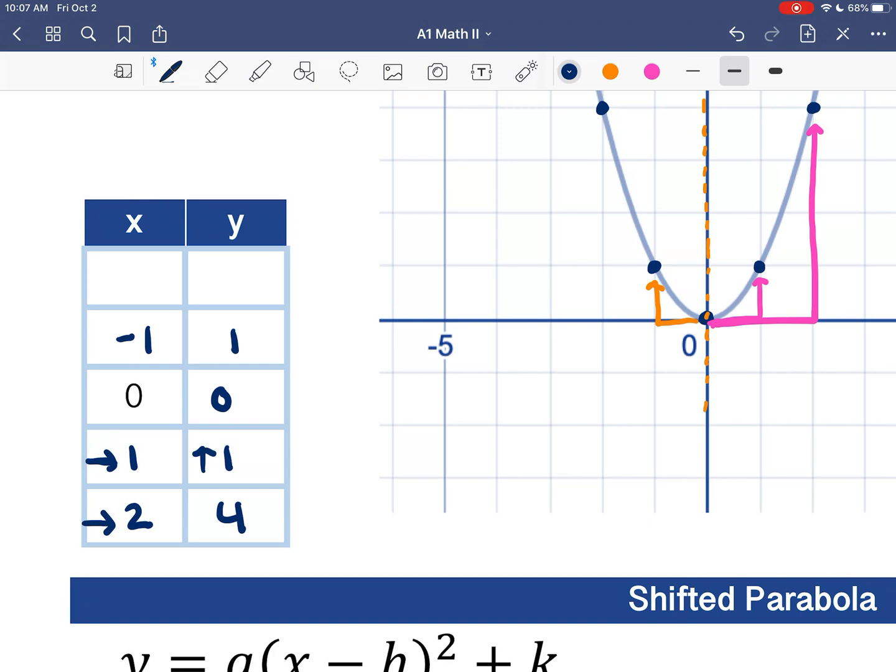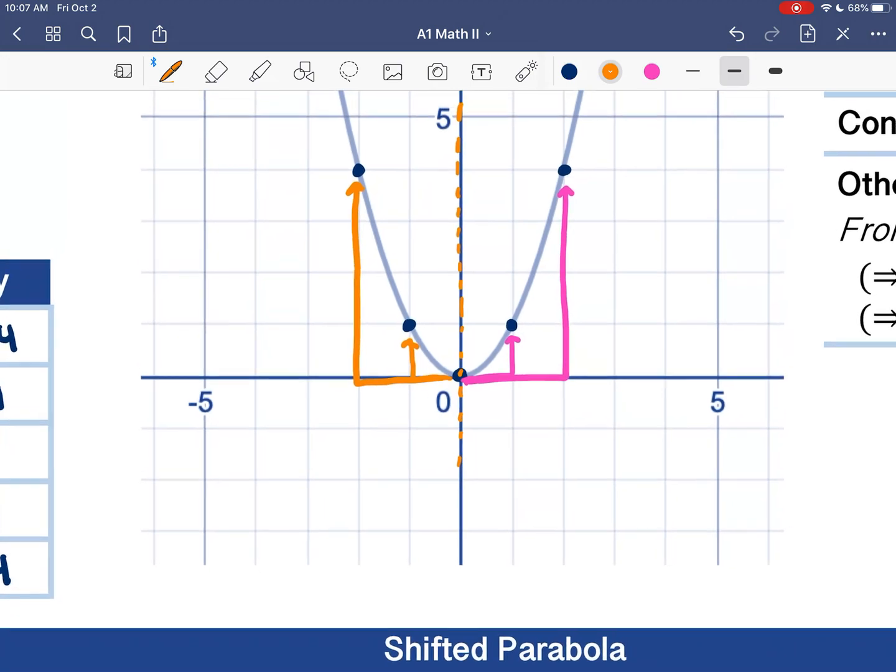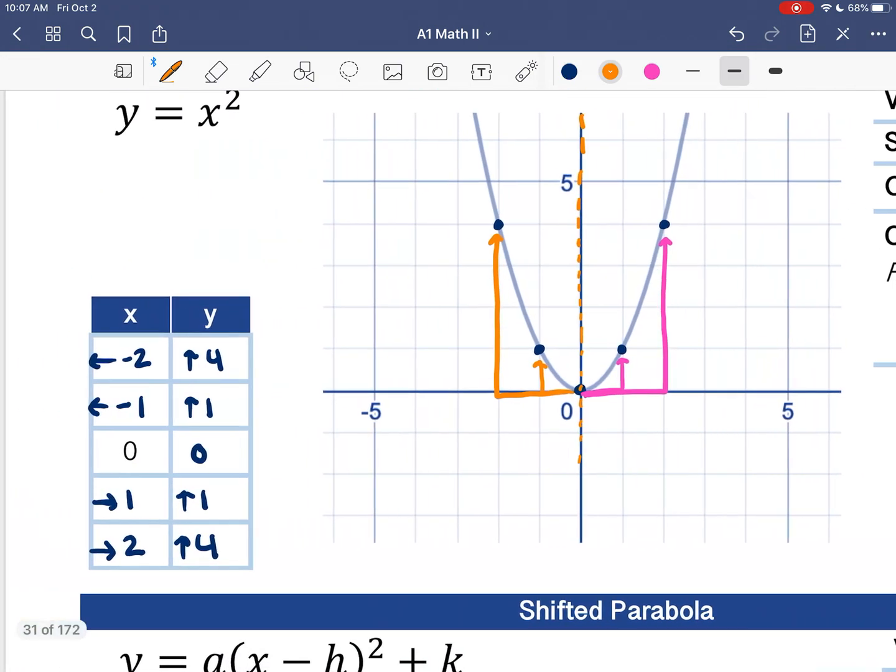The second point I can find by going over 2 from the vertex and up 4 from the vertex. Same thing for this one, we'll go left 1, up 1, and then left 2, up 4. So on both sides of this parabola, we first go over 1, up 1, and then over 2, up 4.